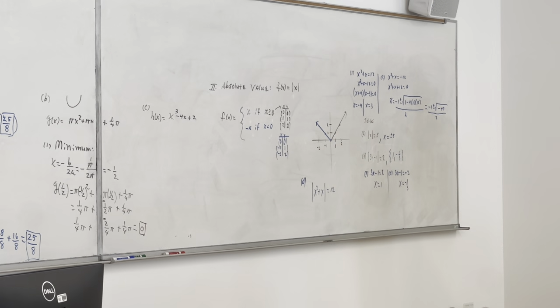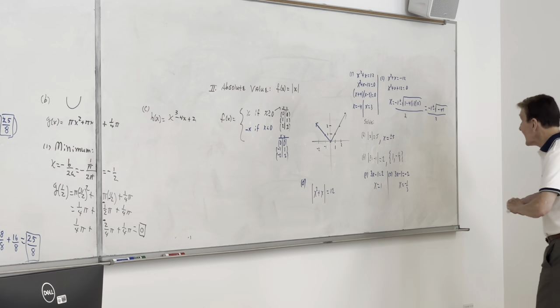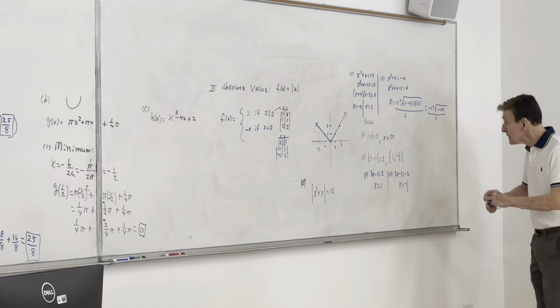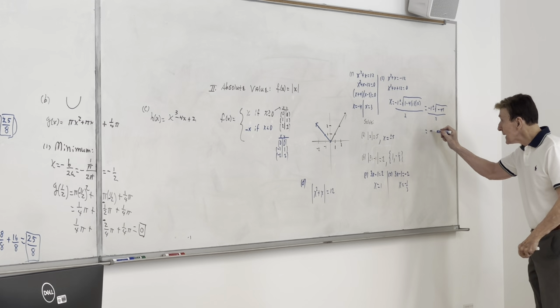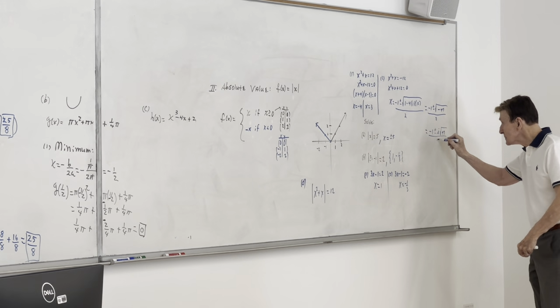That's why I brought this in on the handout. I could put an i in there easily. This is equal to negative 1 plus or minus, guys, the best you can do is i radical 47 all over 2.